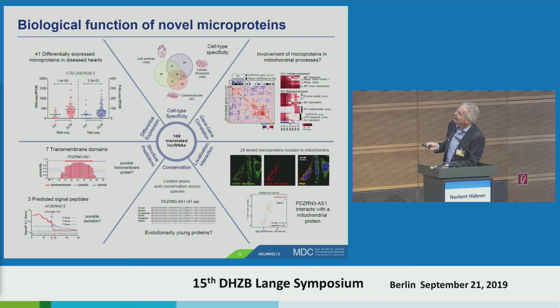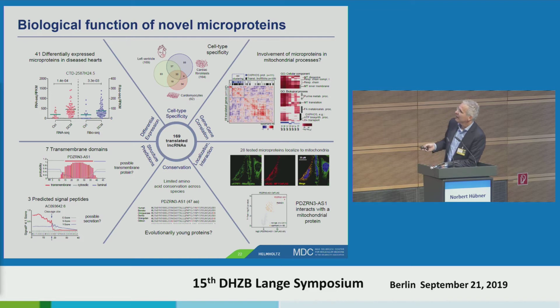We can then look at gene correlations, and we have identified that many of those microproteins are interfering with mitochondrial processes, so they may play an important role for the energy homeostasis in the heart.